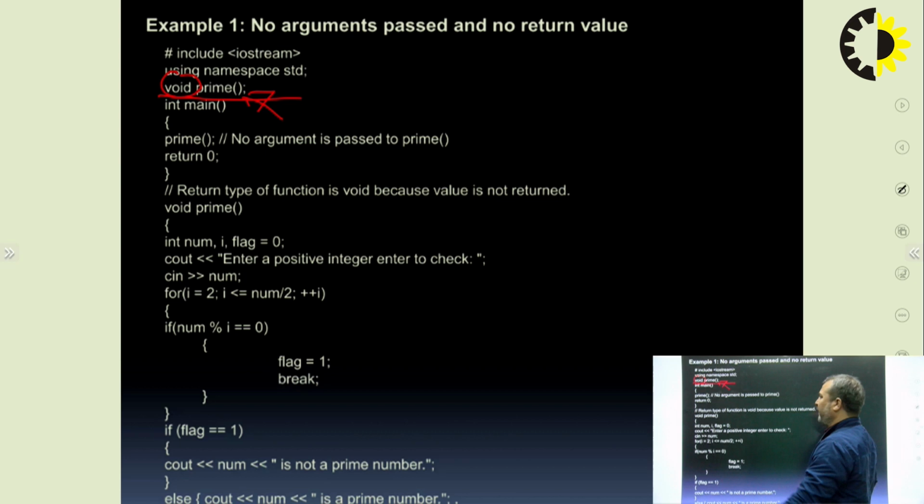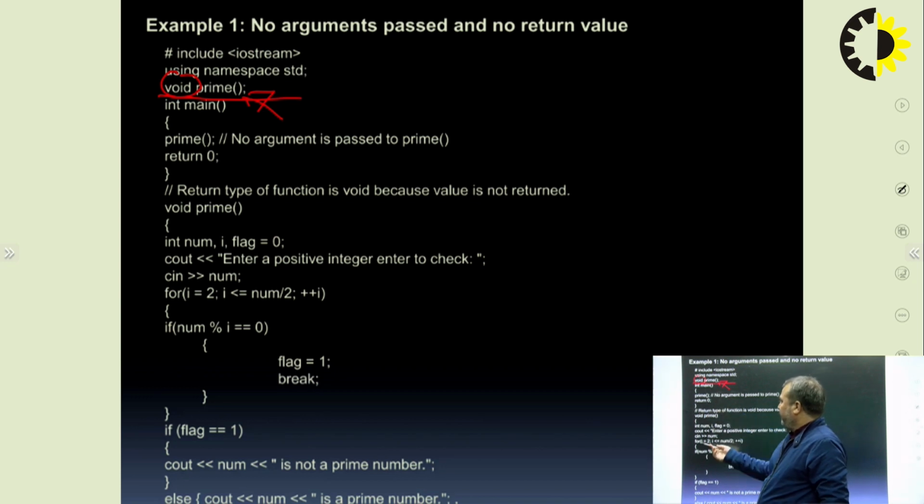So this comes under that category, and this function is just checking whether a number is prime or not. So we are making a function which just checks whether any number entered is prime or not. We'll write the code not in main but in the function prime.